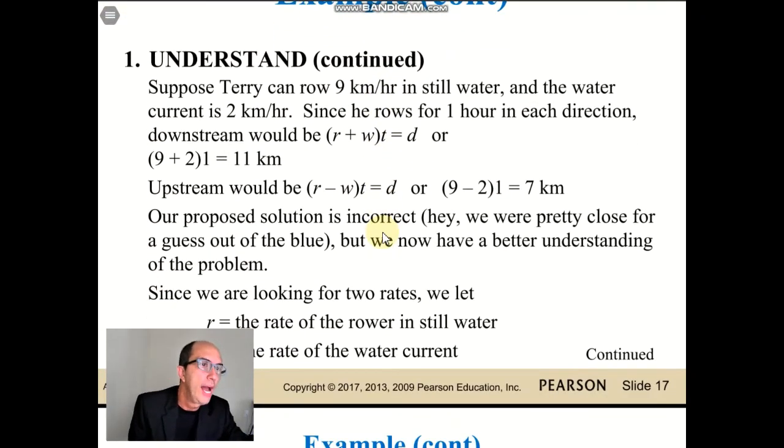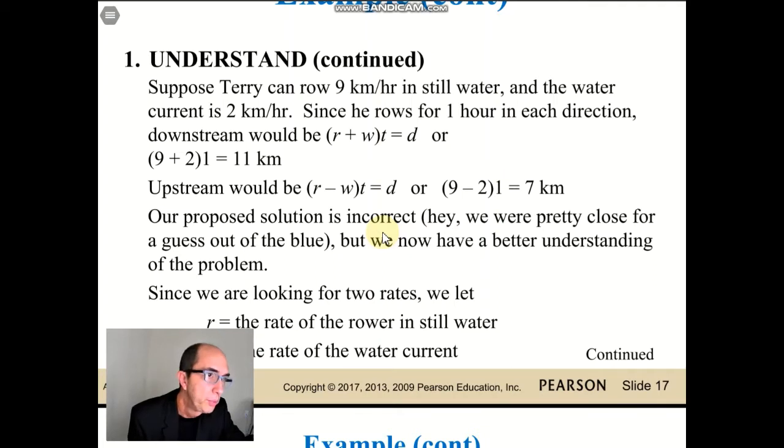Suppose Terry can row 9 kilometers an hour and the water current is 2 kilometers an hour. Since he rows for 1 hour in each direction, downstream would be R plus W times T equals D, and we can plug in the numbers. 9 plus 2 times 1, 11 kilometers.